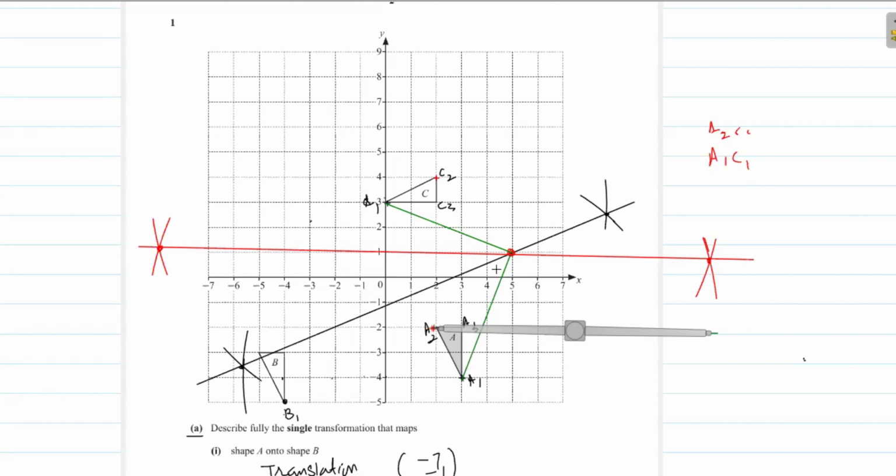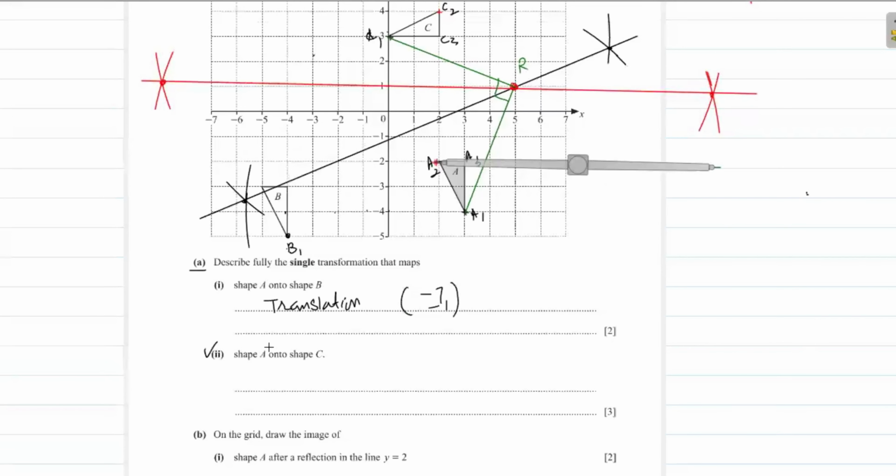We name the center of rotation R. The angle A1 R C1 is 90 degrees, and this is the clockwise direction. Therefore, we write here: shape A onto shape C is a rotation having center of rotation R, 90 degrees in clockwise direction.